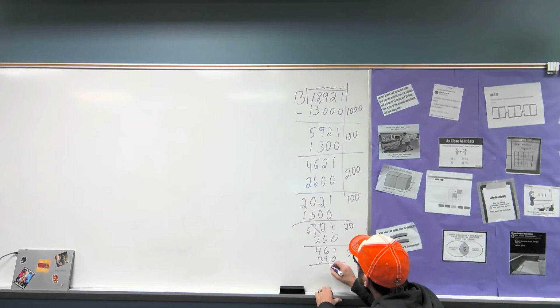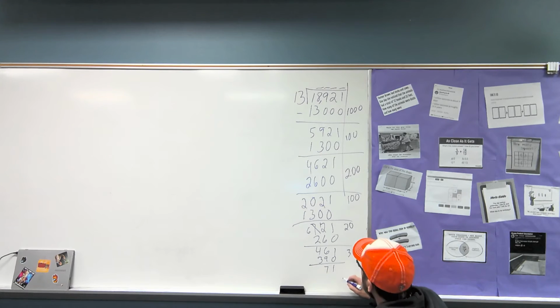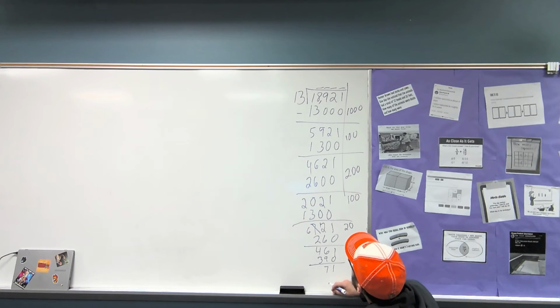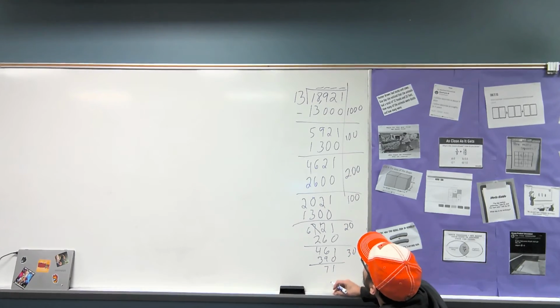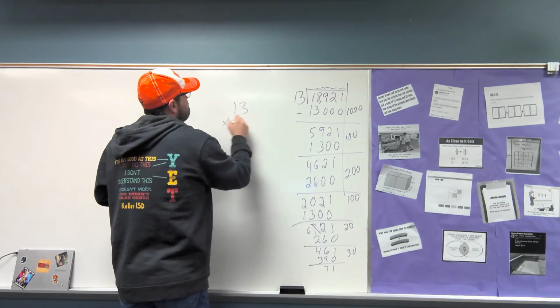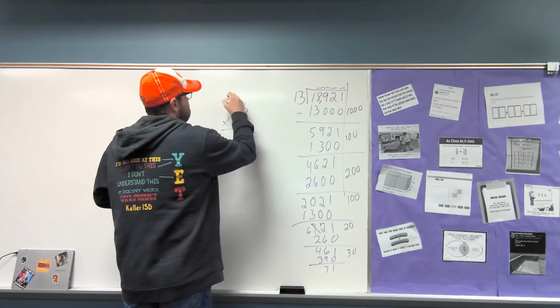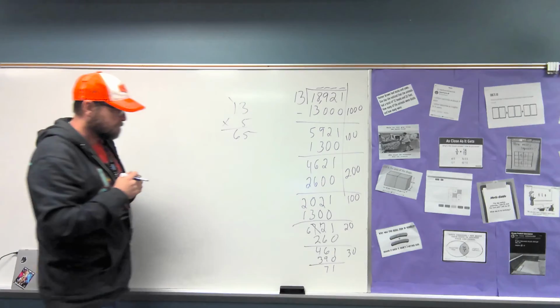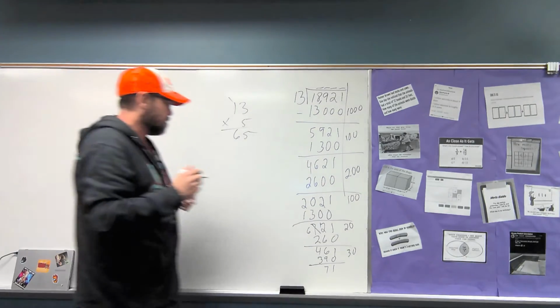So 6, 7. I can't do 10, probably. Probably have to go by 5. Now we're going to have to see here. 13 times 5, 65. Yeah, 5.